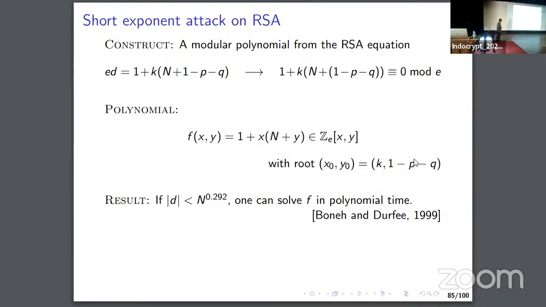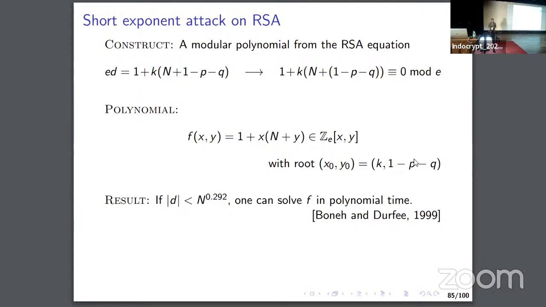And this is a result from the late 90s, 1999, and they conjectured that using this lattice idea, one can go up to n to the power 0.5. So it is n to the power 0.292. They first proved n to the power 0.284.